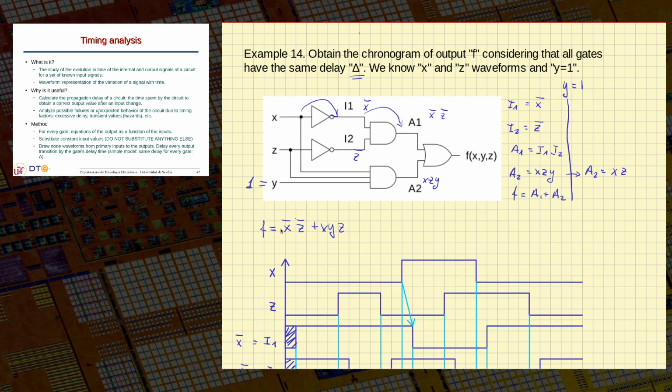So this is the function, the complete function. In our case, because y is equal to 1, f when y is equal to 1 will be x complemented, z complemented, plus x, z.